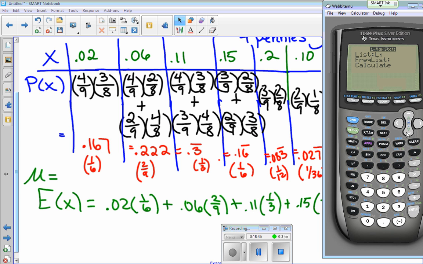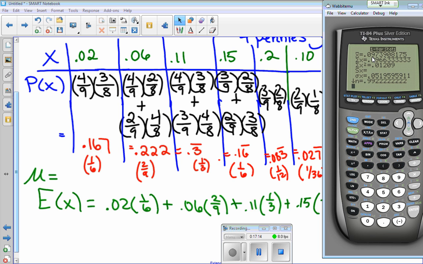I type in my frequency list as L2 because I'm using those as the frequencies, and I go to calculate. The mean is 0.0973. So the expected value of the 2 coins to fall out of my pocket is approximately 9.7 cents.